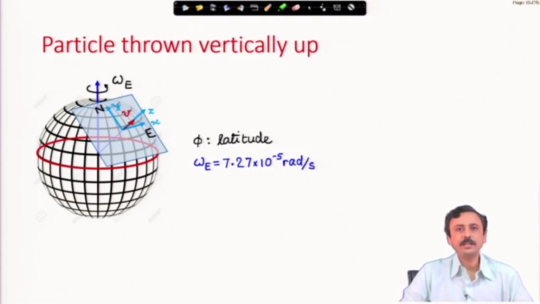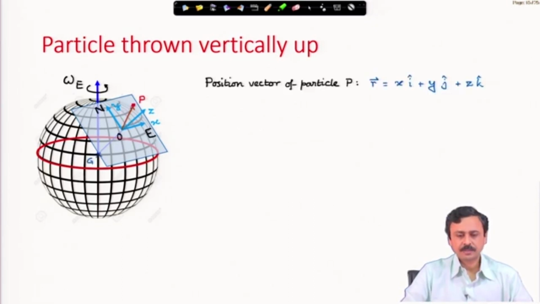Imagine a particle being launched vertically upwards, and here I will neglect the effect of air, etc. Imagine the particle is currently at a location indicated by this position vector r, represented in the local xyz frame, which is rotating, as x i cap plus y j cap plus z k cap.